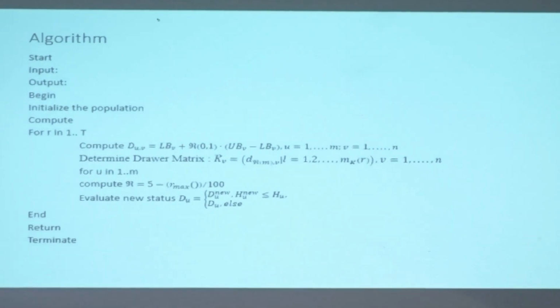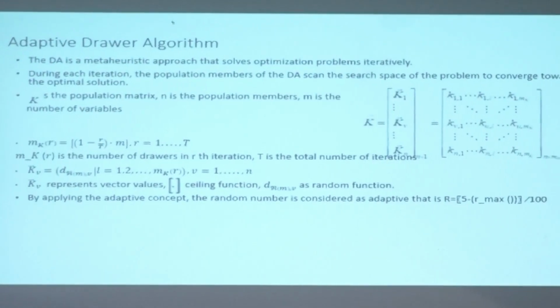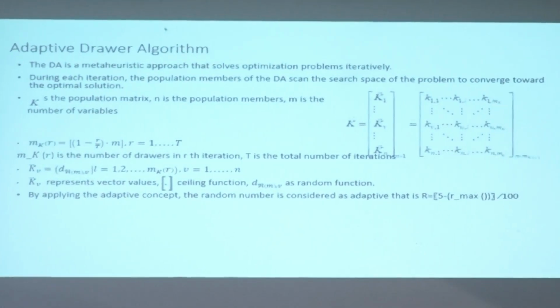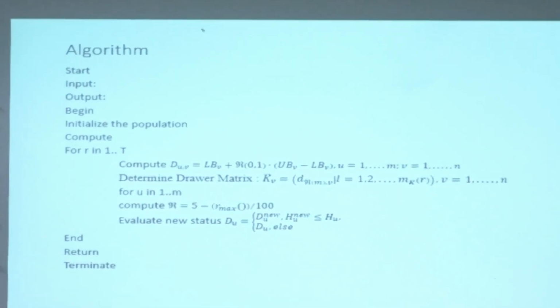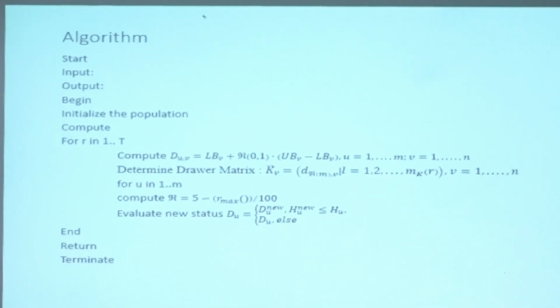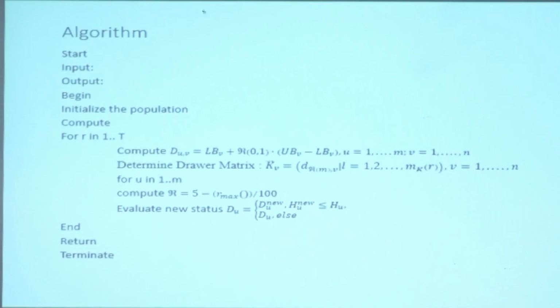For my thesis work I have taken the adaptive drawer algorithm. The input is the image that has been taken, in the form of a lower bound and upper bound, and it will calculate the drawer matrix.